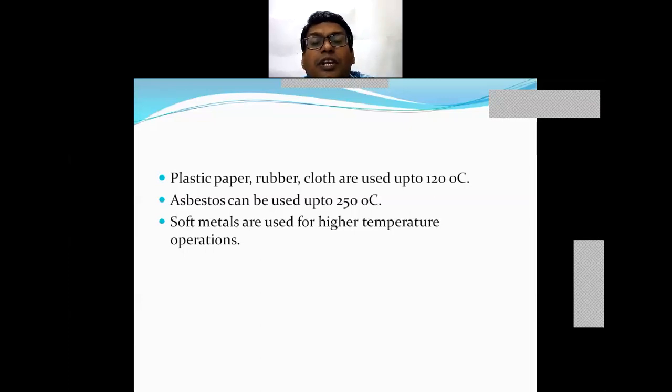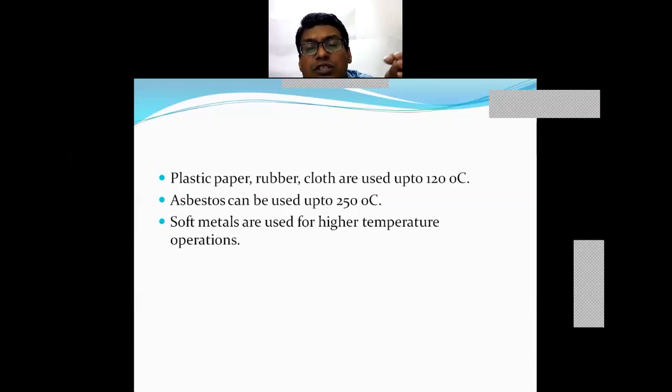Now there are limitations on the temperature to which I can use these materials. This plastic, paper, then rubber, then cloth, these are used up to 120 degrees Celsius. Then asbestos and cork can be used at a slightly higher temperature than plastic, paper, rubber and cloth.